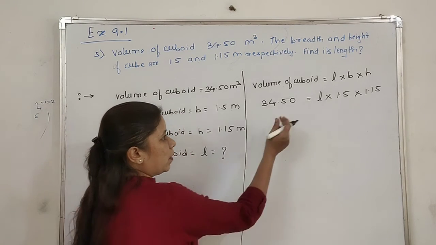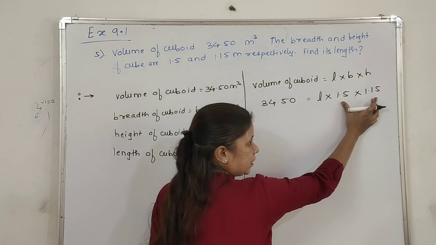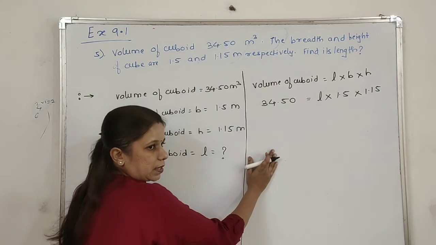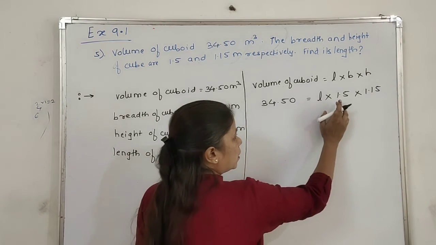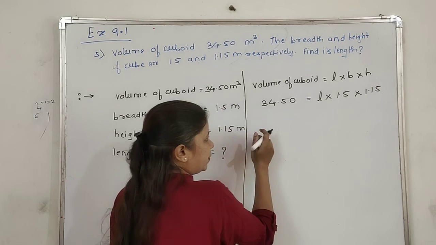Just see. First, these two quantities, we will take it on the other side. So it will be divided.